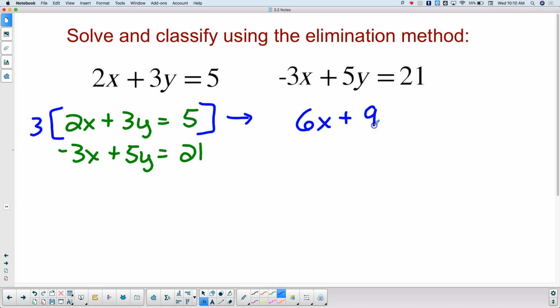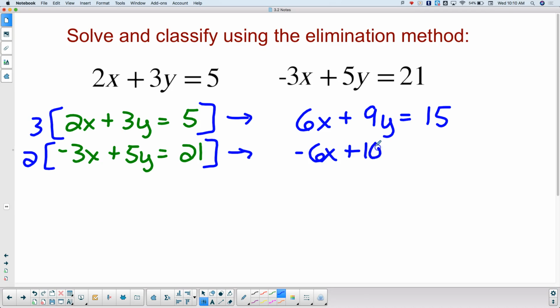Okay, so then that's going to give me 6x plus 9y equals 15. Bottom equation, what am I going to have to multiply the bottom equation by? 2. That's going to give me negative 6x plus 10y equals 42.